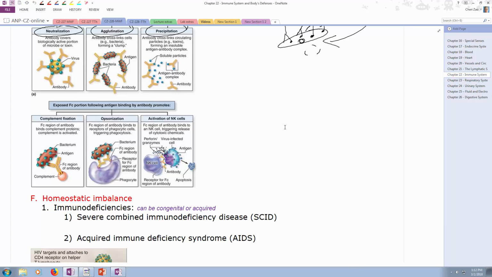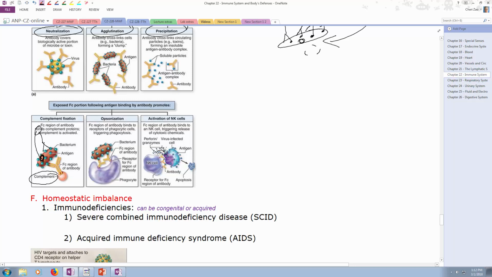Complement fixation. So complement will be activated, which is what it's doing right here, because of the antigen attaching here. I'm not doing a very good job, but this will then bring forth MAC to attach to the cell.